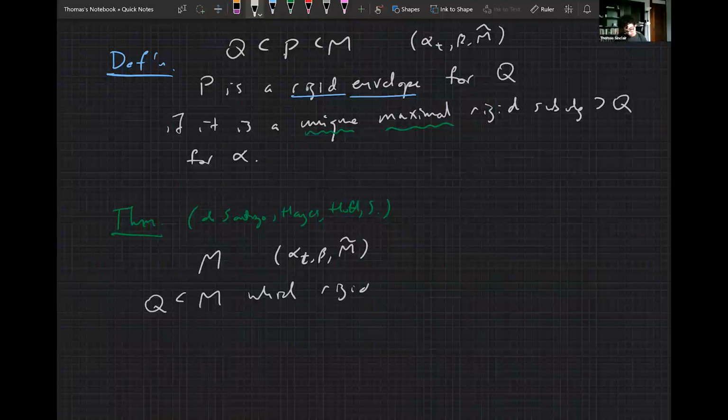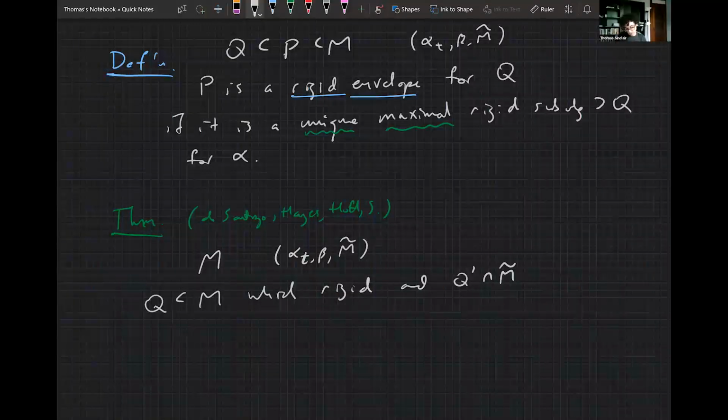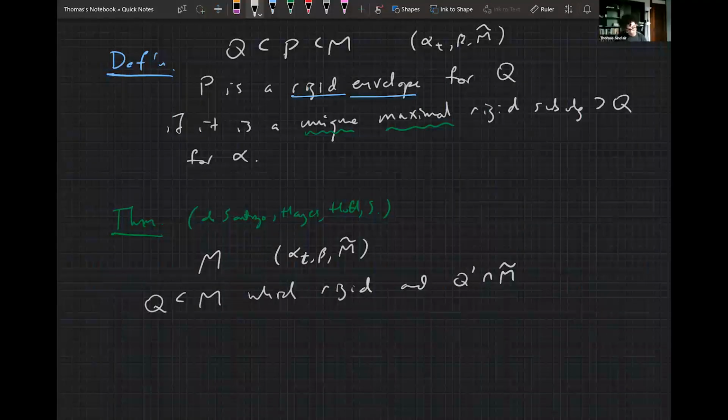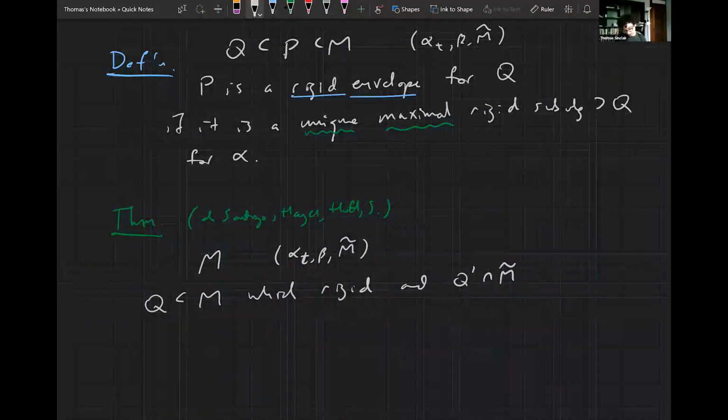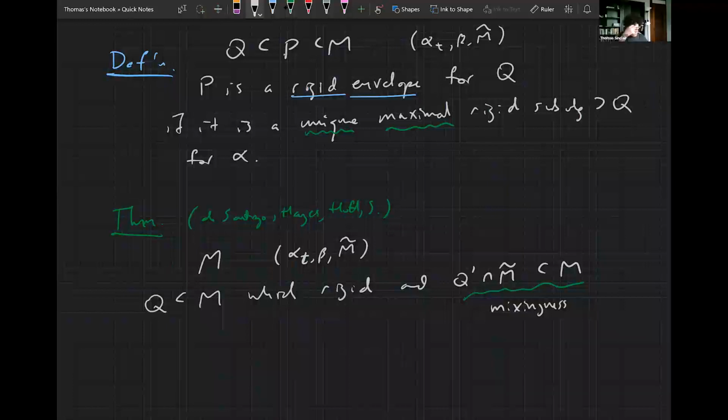And so that the commutant in the bigger thing is contained back inside of M. So I can't really say this is crucial, but this is replacing some sort of mixingness in the homology theory. If you know what that means. If you don't, don't worry too much about it.